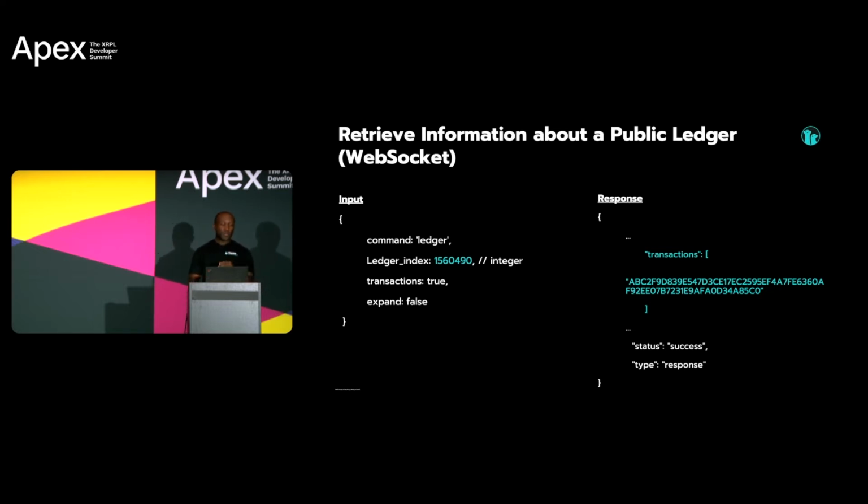The response has loads of other stuff there, but I've removed some of it just to focus on transactions. You have an array with a list inside of transaction hashes. These transaction hashes represent transactions that have been included in a particular ledger on the XRPL.